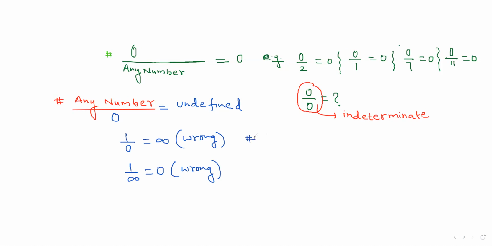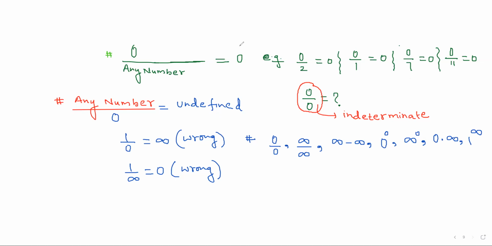So there are very important points: 0 by 0, infinity by infinity, infinity minus infinity, 0 to the power 0, infinity to the power 0, 0 into infinity, and 1 to the power infinity. 1, 2, 3, 4, 5, 6, 7.